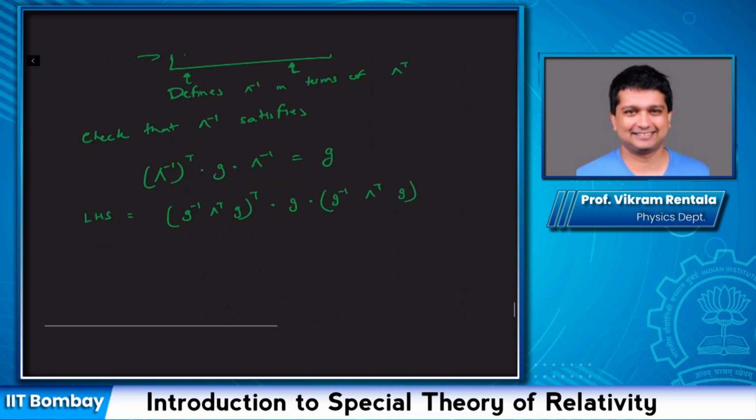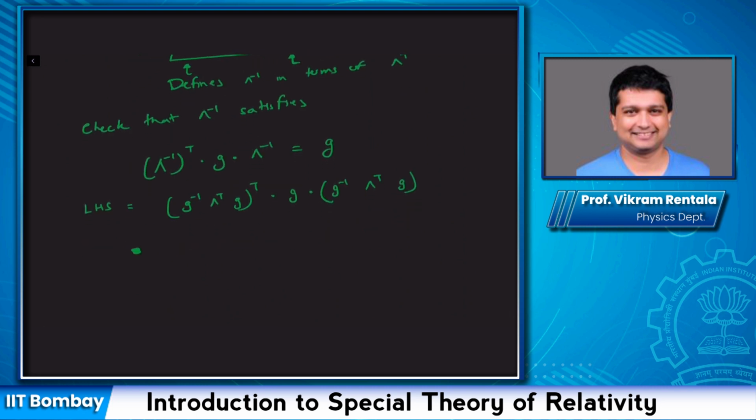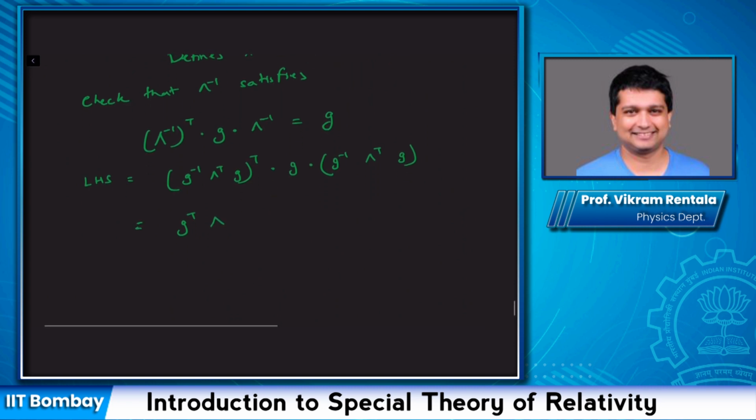All right, and we can now write this as G transpose lambda G inverse transpose dot G dot G inverse. So everything has dots between them, right? This is all matrix products.